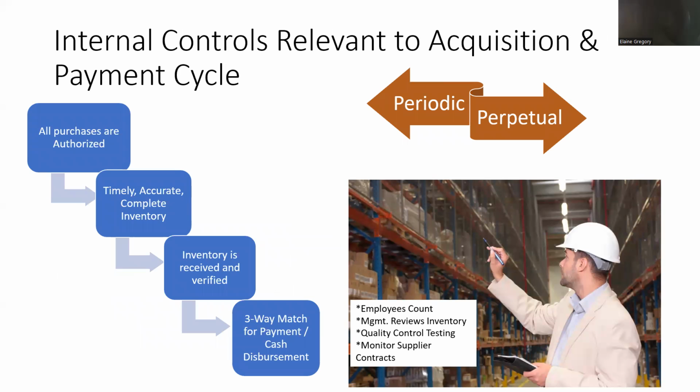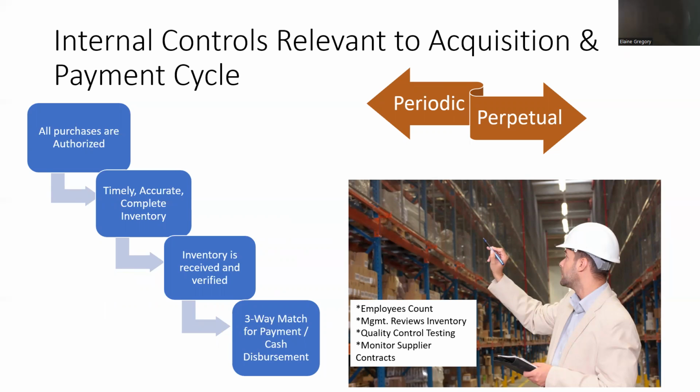So what are some of those internal controls that are relevant to acquisition and payments? Again, all purchases are authorized. Timely, accurate, complete inventory. Inventory is received and verified, and if damaged, returned.